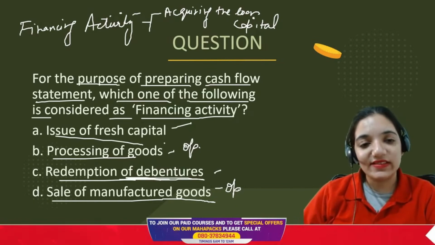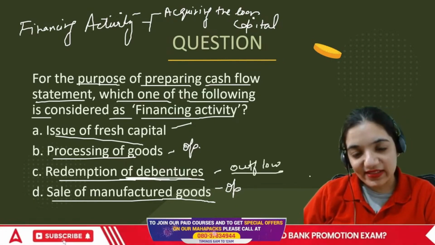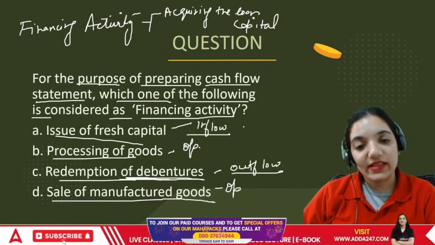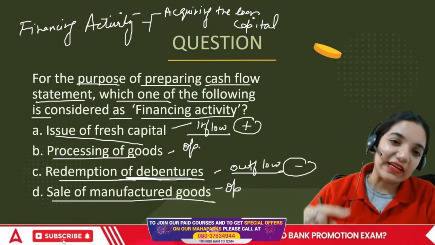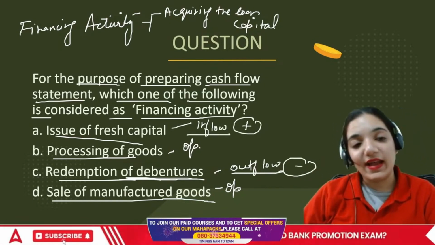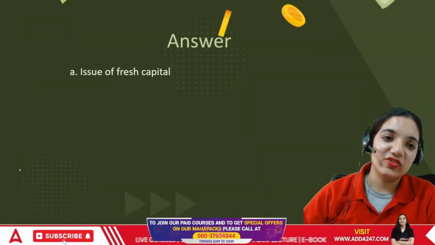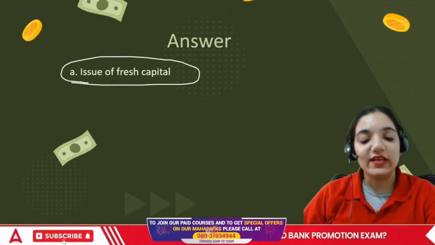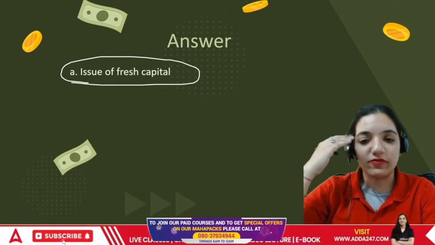So in this case, this will be an outflow in the financing activity and this is an inflow. This in the financing activity would be a plus and this one would be a minus. So technically this question is wrong, and in this case both these points A and C are to be considered. They have written issue of share capital, but redemption of debentures is also a part of this, everyone. So in this case the correct answer is going to be issue of share capital.